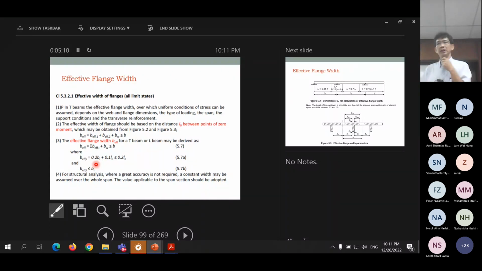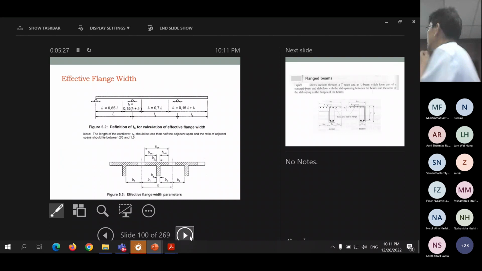And B effective i must be less than Bi. So this is the equation that we use, and what B effective, BW, Bi and B are is shown in the next diagram. B effective 1, because if it is a T section, then you have one side here, one side here. So this is B effective 1 and B effective 2.